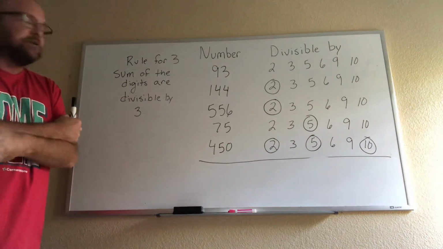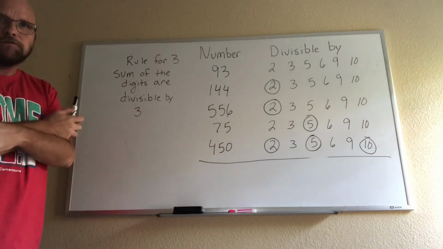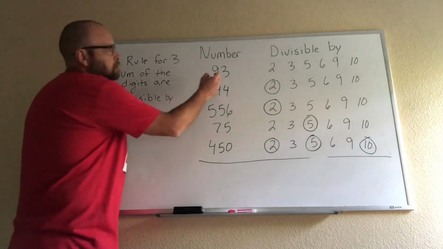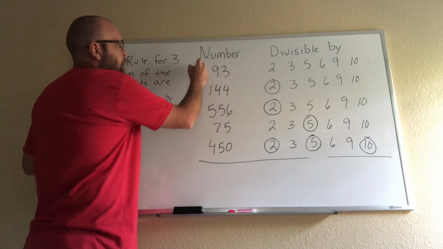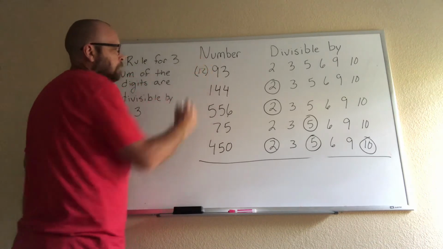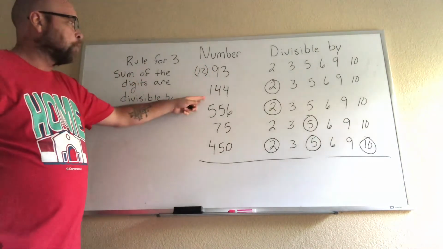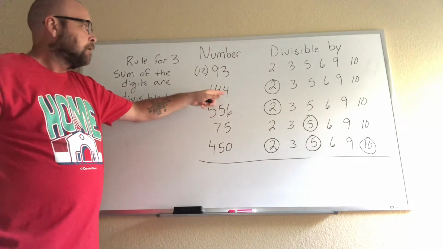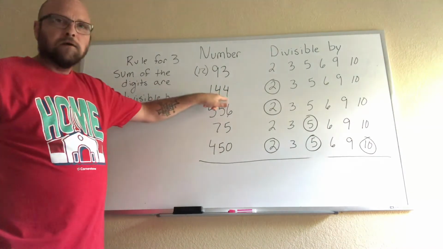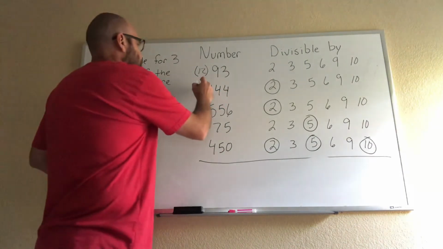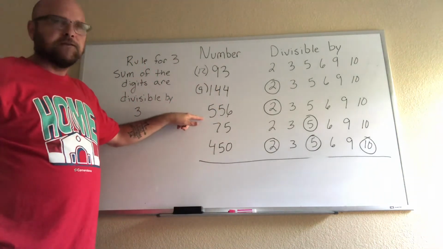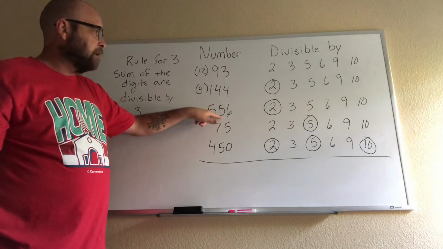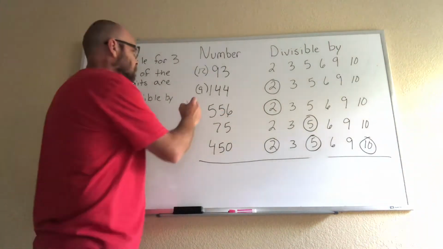So I'm going to add the digits together for all of them first. When I add the digits in 93, 9 plus 3 gives me 12. When I add the digits for 144, 1 plus 4 gives me 9. When I add the digits for 556, 5 plus 5 is 10, plus 6 is 16.